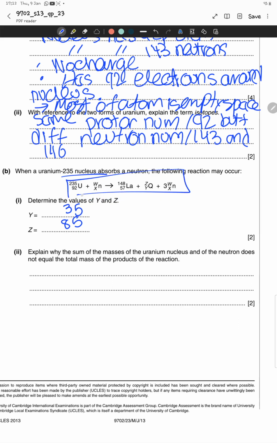Which, yes, that's true, but that is because some of the mass is converted into energy. For these types of questions, there's a specific pattern you have to write: mass-energy is conserved, because in a nuclear reaction mass is not conserved, since some of the mass is converted into energy.